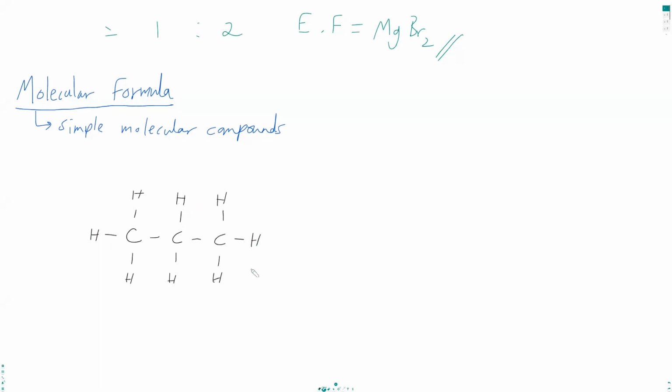So we have a propane molecule here. We have 3 carbon atoms, as you can see, so our molecular formula would be C3, and 8 hydrogen atoms: 1, 2, 3, 4, 5, 6, 7, 8. So C3H8 is the molecular formula for propane.